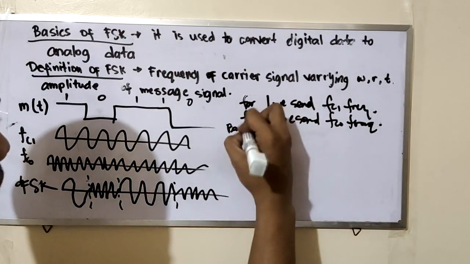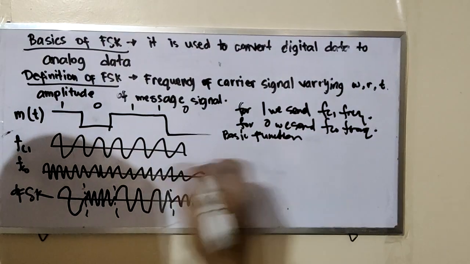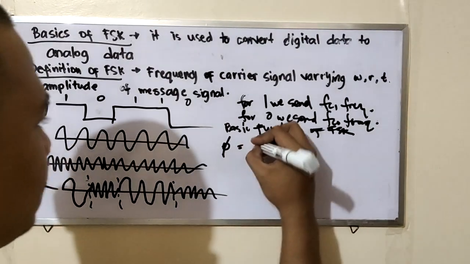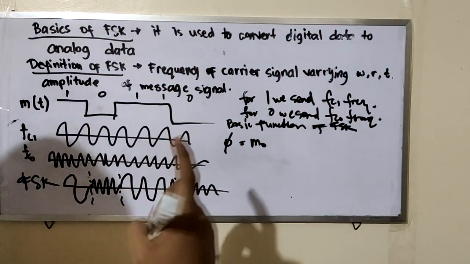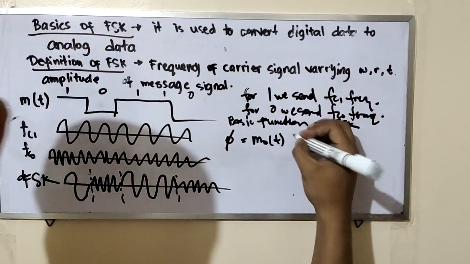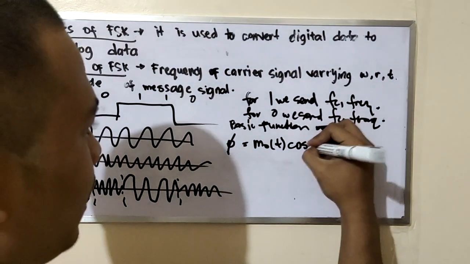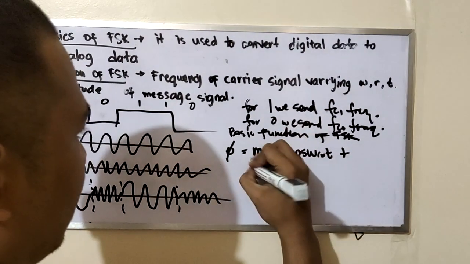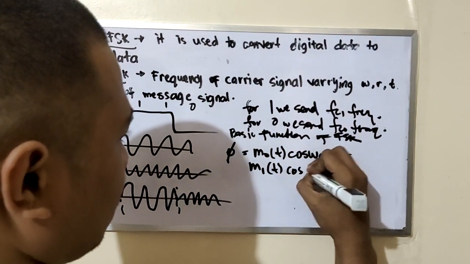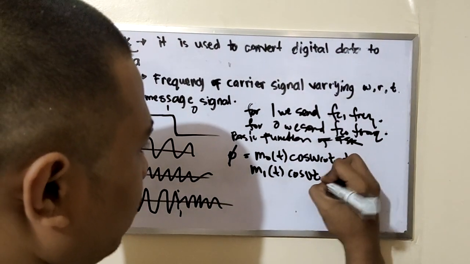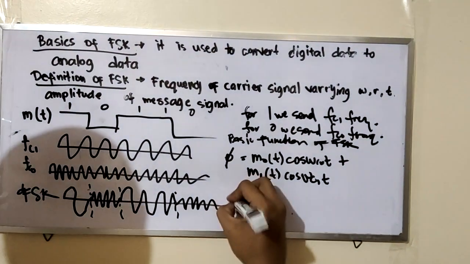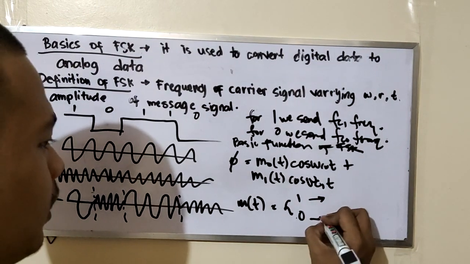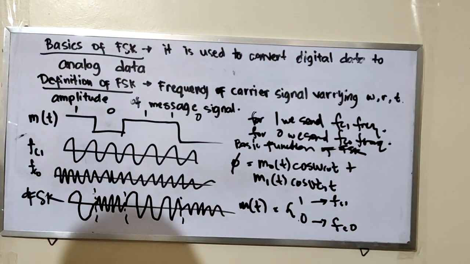Basic function of FSK is equal to message signal representing 0 multiplied by cosine omega C0 T, plus pag 1, M1 T cosine omega C1 T. Yon, MT equals to 1 is FC1, then FC0 for 0.